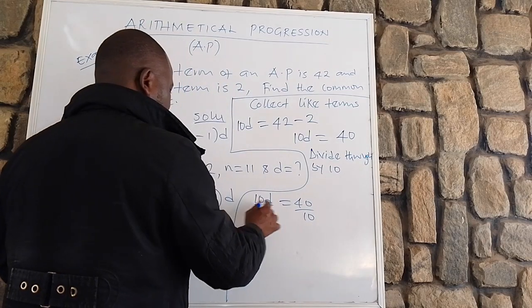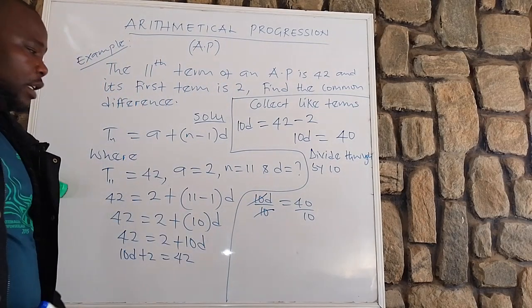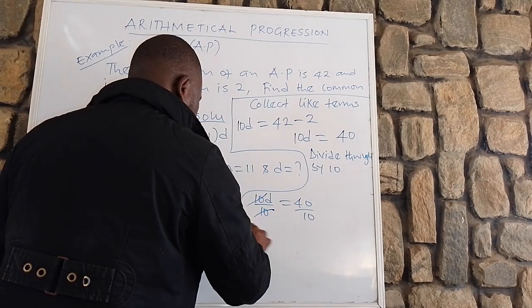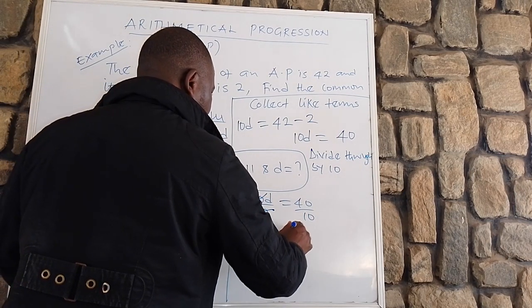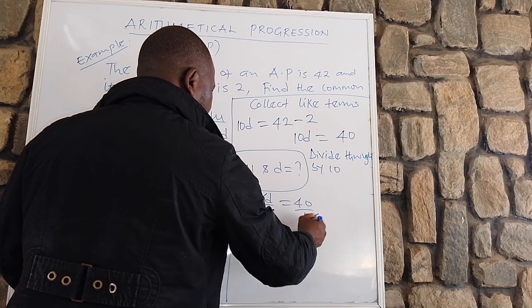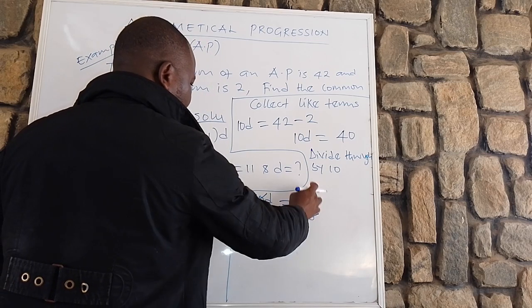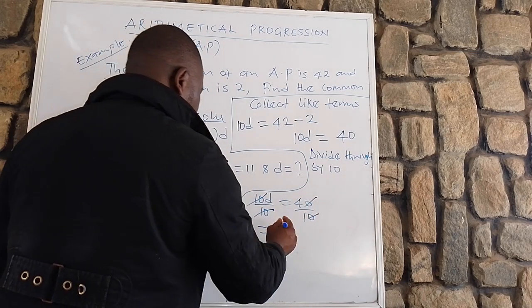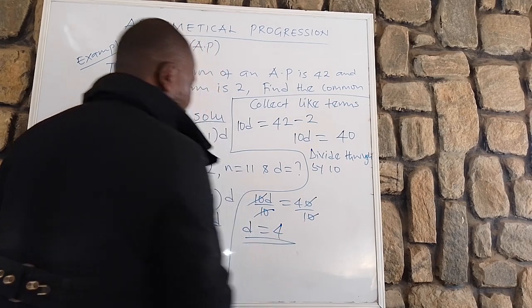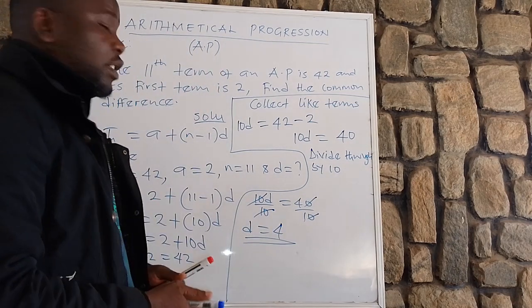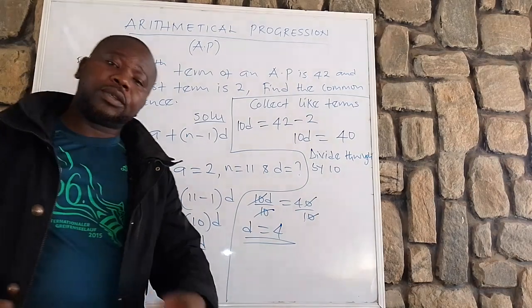Then the 10s cancel, so we have d equals 4. You discover that the common difference is 4, which is what they asked us to look for.